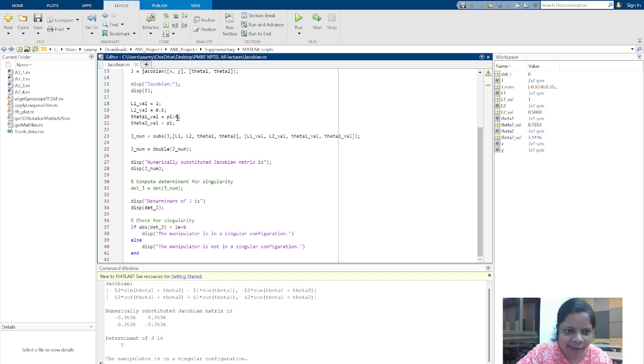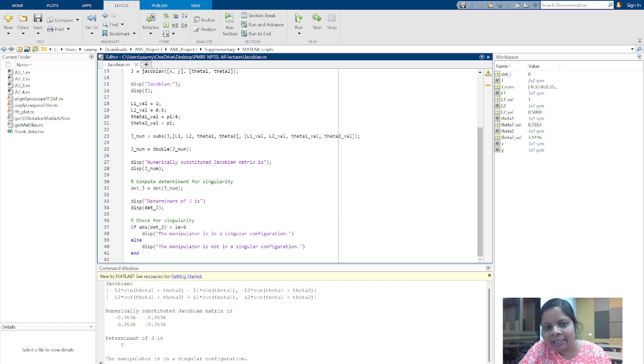Let's say this time I change my theta 1 val to be 0 degrees. It is in a horizontal state, and let's see. Yeah, still it is in a singular configuration, right? Let's say my theta 1 val is pi by 4. Again, it is in a singular configuration.